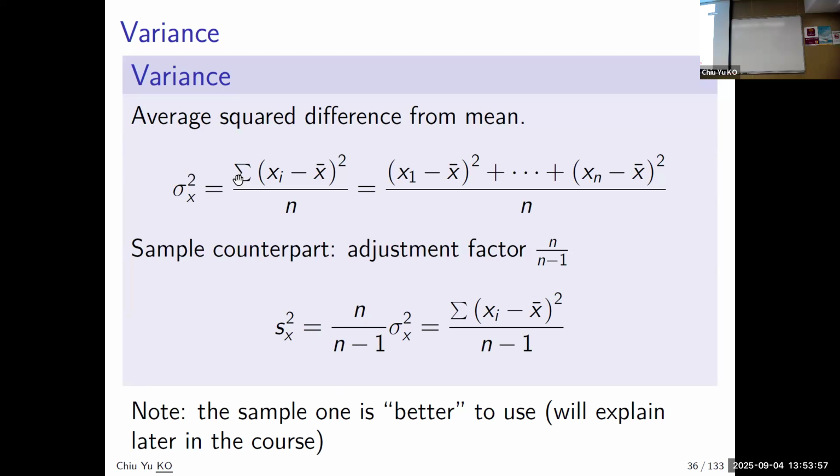So this is actually a mean. Mean is adding everything up over n. This is the average squared distance from the mean. It's the mean of the distance from the mean. We want to do it that way.